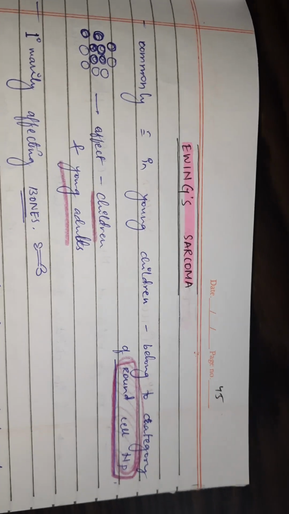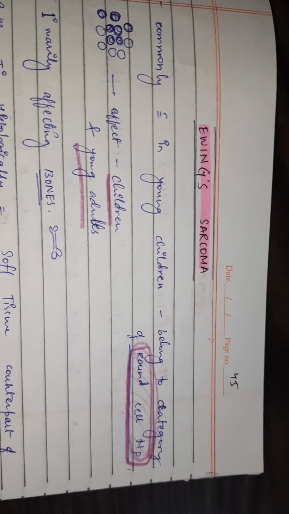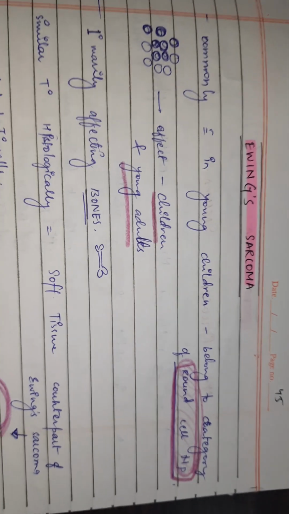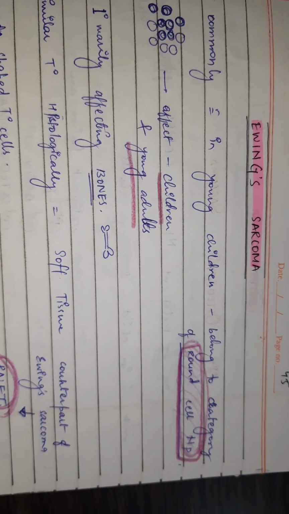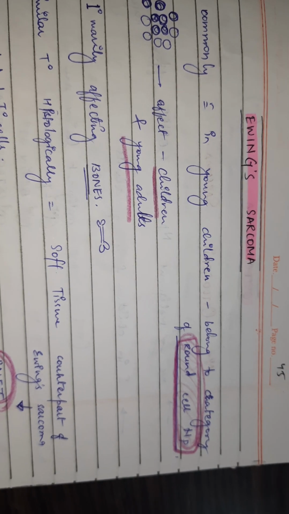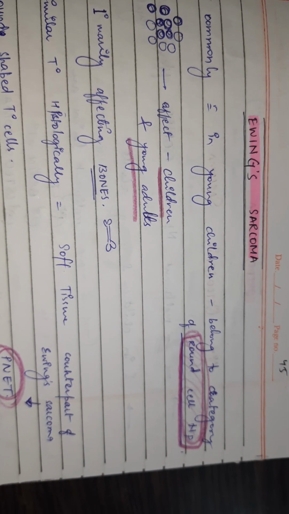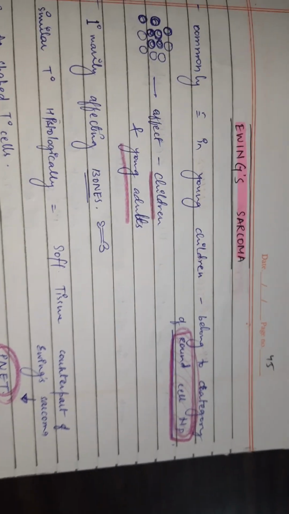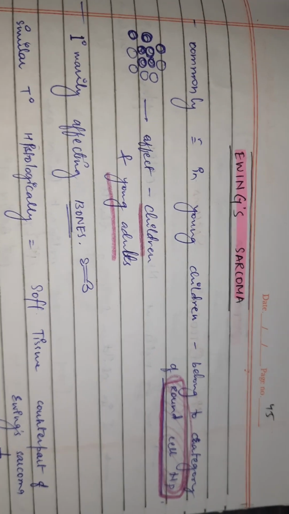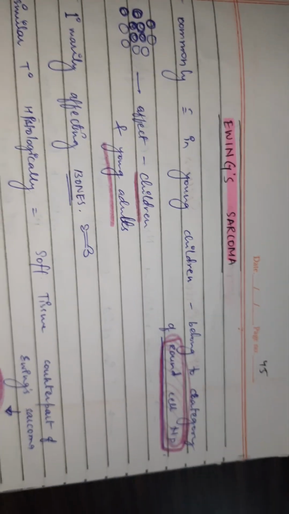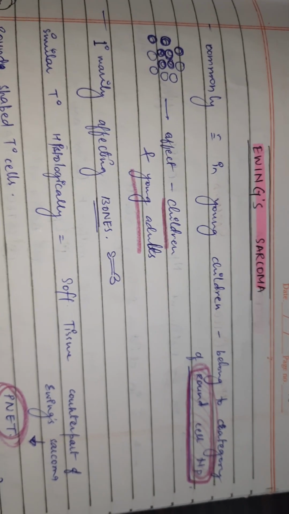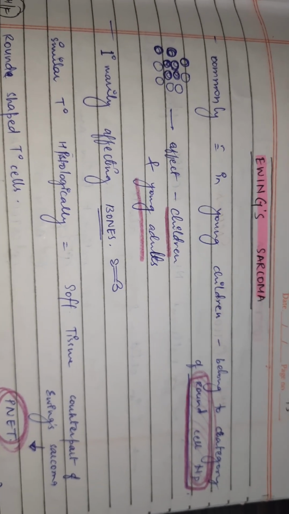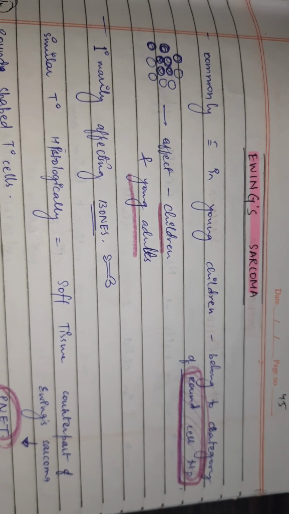Ewing sarcoma is commonly seen in young children and belongs to the category of round cell neoplasms. It affects children and young adults, primarily affecting bones.